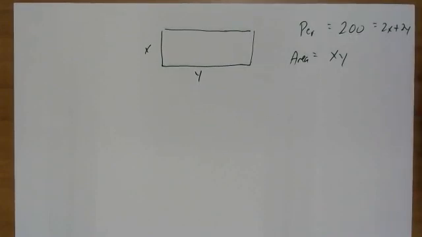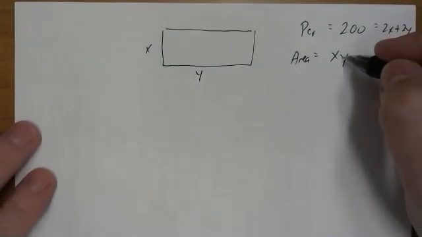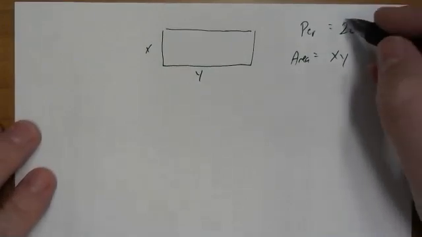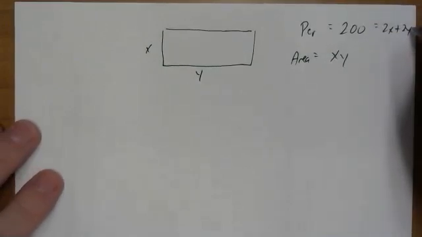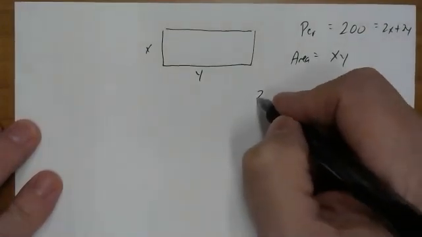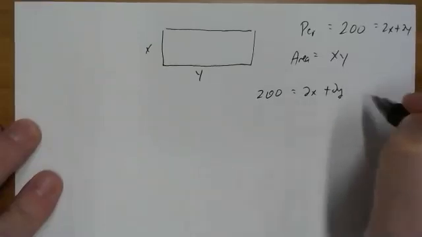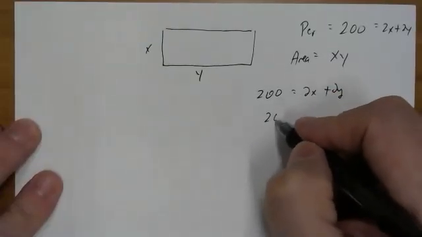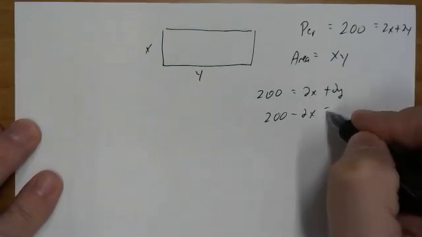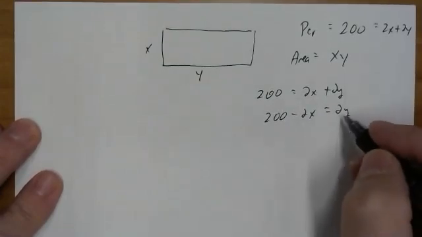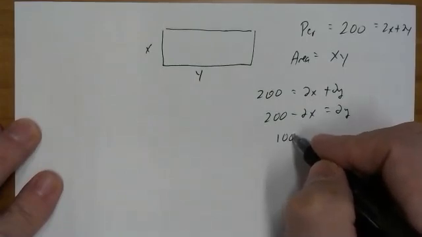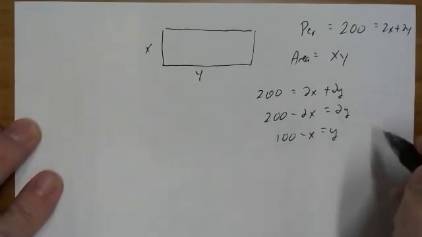For this area, I'm going to go up here at this perimeter and solve for y. So I have 200 equals 2x plus 2y. So I have 200 minus 2x equals 2y. Divide both sides by 2: 100 minus x equals y.